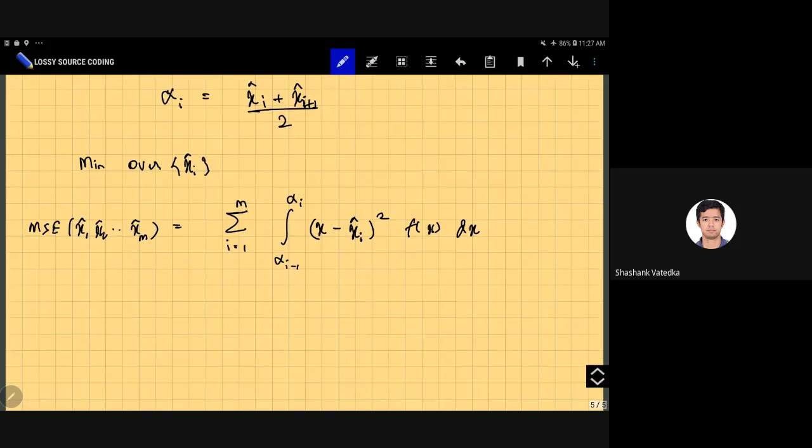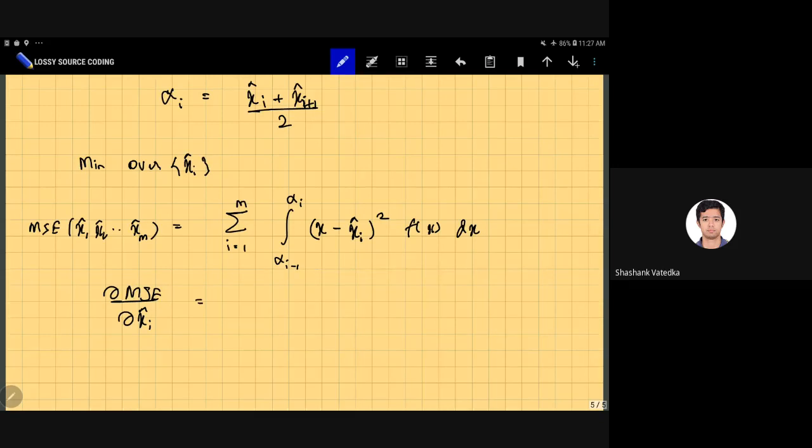That's good, which means we can use any convex optimization tool to minimize this over the xi hats. Let's take the partial derivative of the mean squared error with respect to xi hat. Each term depends on only one of the xi hats, which makes life easy.